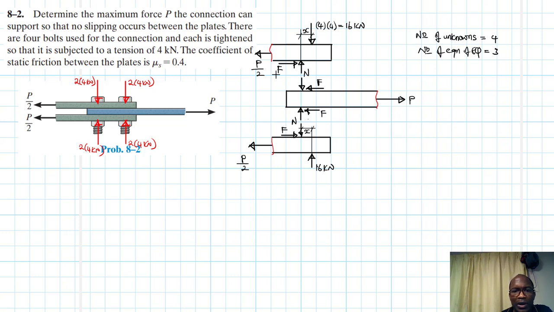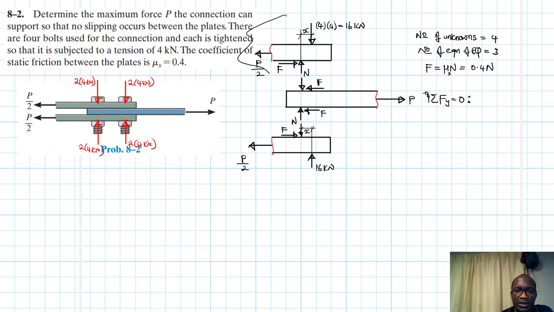For me to find the maximum, I will need to also employ the friction equation, mu N, which is equal to 0.4 times N.